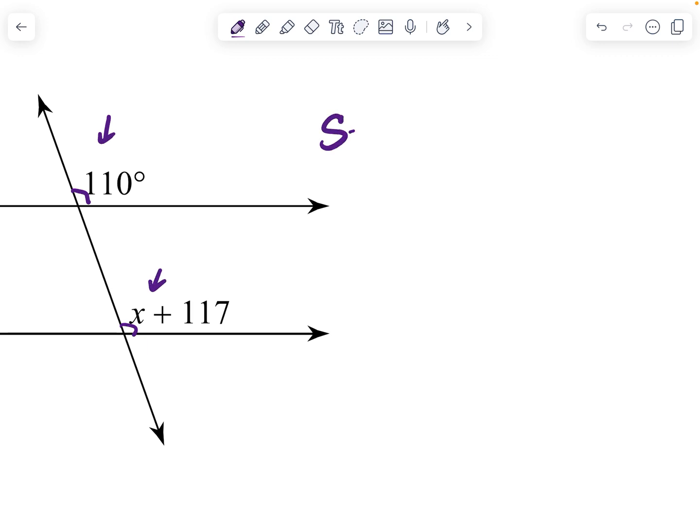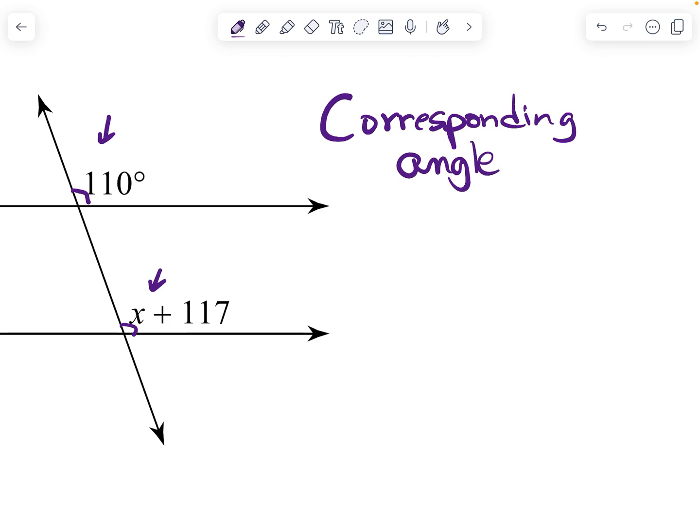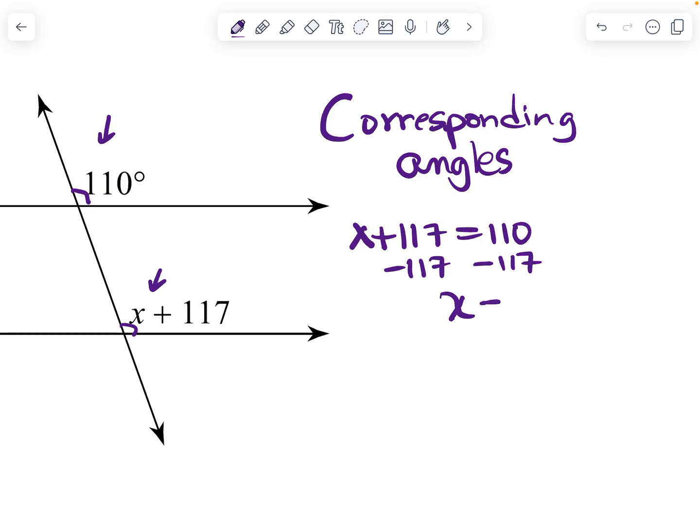So we have, I don't know why I thought corresponding started with the S, corresponding angles. And corresponding angles are equal to each other. So x plus 117 equals 110. I subtract 117 from both sides, and I get x equals negative 7 degrees.